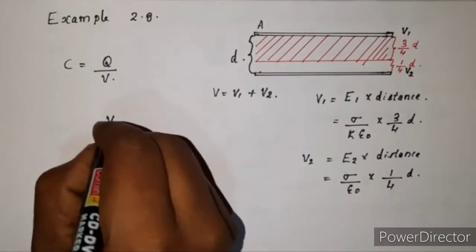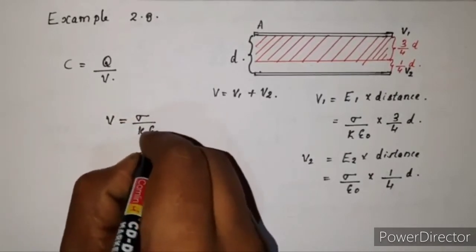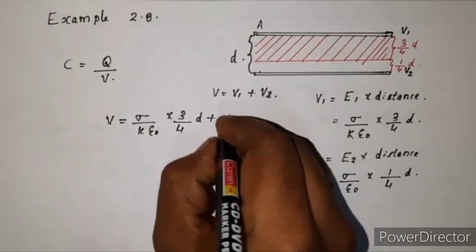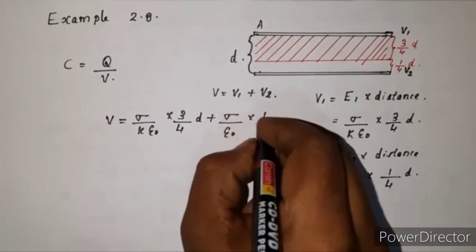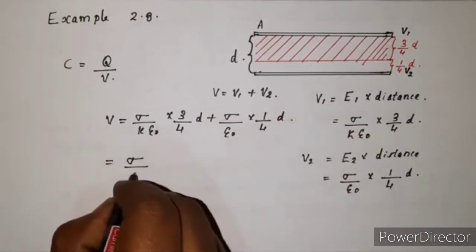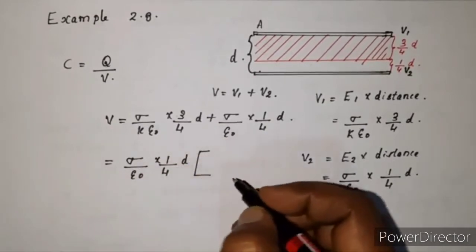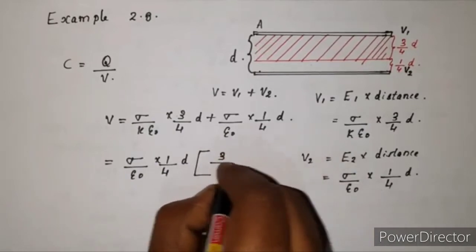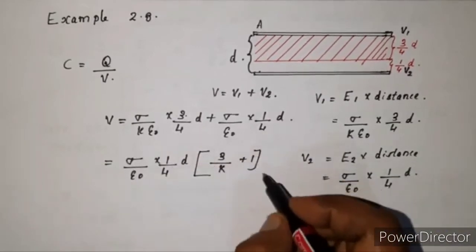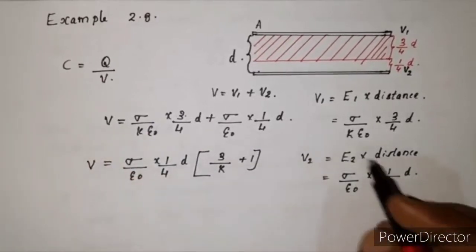The total potential difference V is sigma by K epsilon 0 into 3/4 into D plus sigma by epsilon 0 into 1/4 into D. Taking the common terms outside, sigma by epsilon 0 into 1/4 into D, within the bracket you will have 3 by K plus 1. Here 3/4 and 1/4 give 3, with K in the first term, so 3 by K, and the second term gives 1. So this is the expression for potential difference.